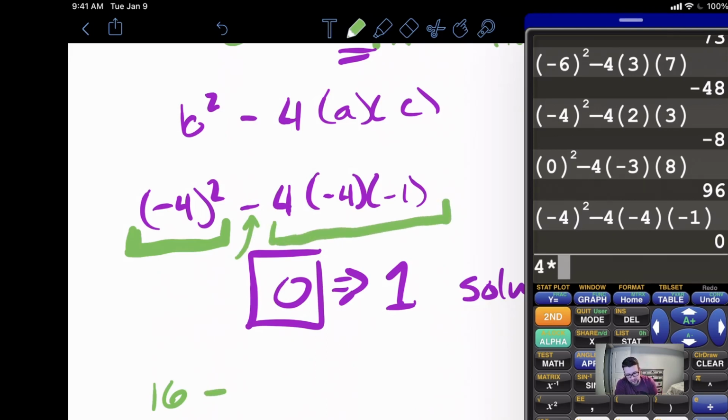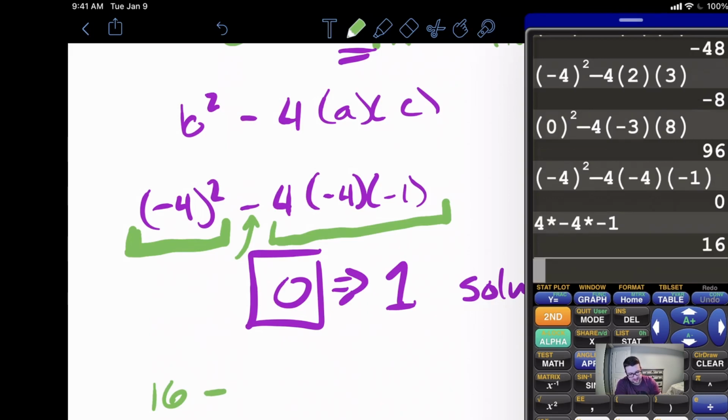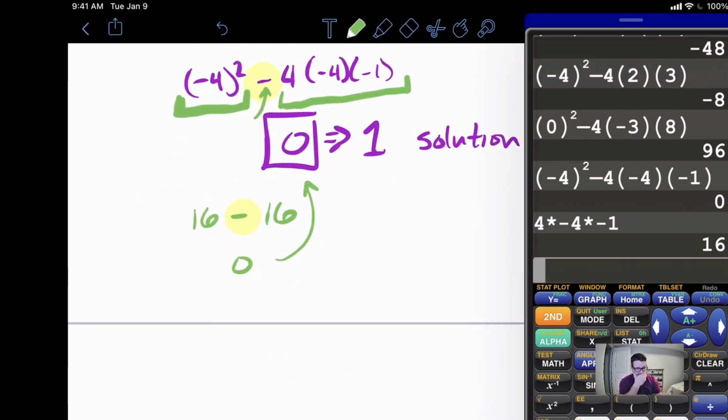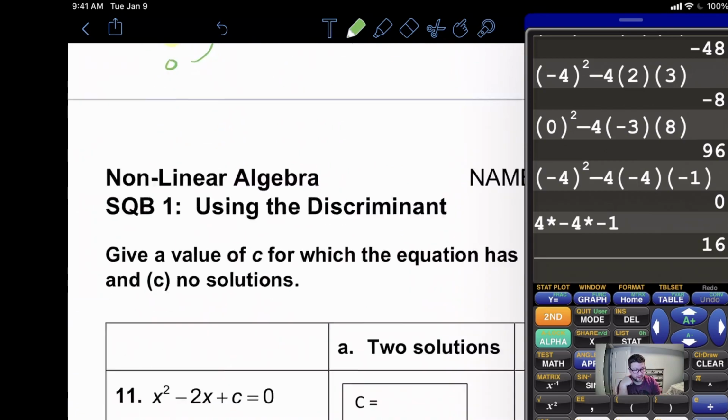So 4 times negative 4 times negative 1 gives us a positive 16, so it's going to be minus 16 because this negative was still sitting right there. So 16 take away 16 is 0, which means we get to the same answer, but we just had to do a little bit more work. And on this one, it was relatively easy. On other ones, it could be harder. All right, let's look at the last type of problem that we have.